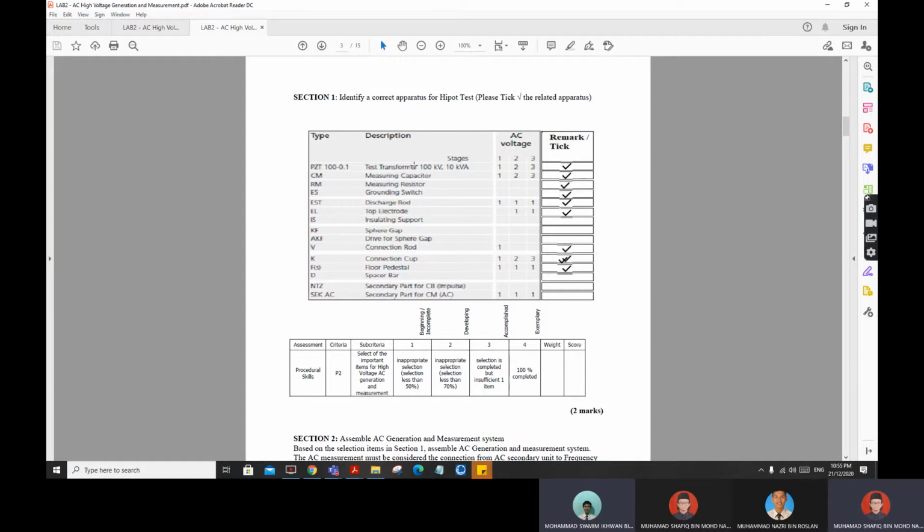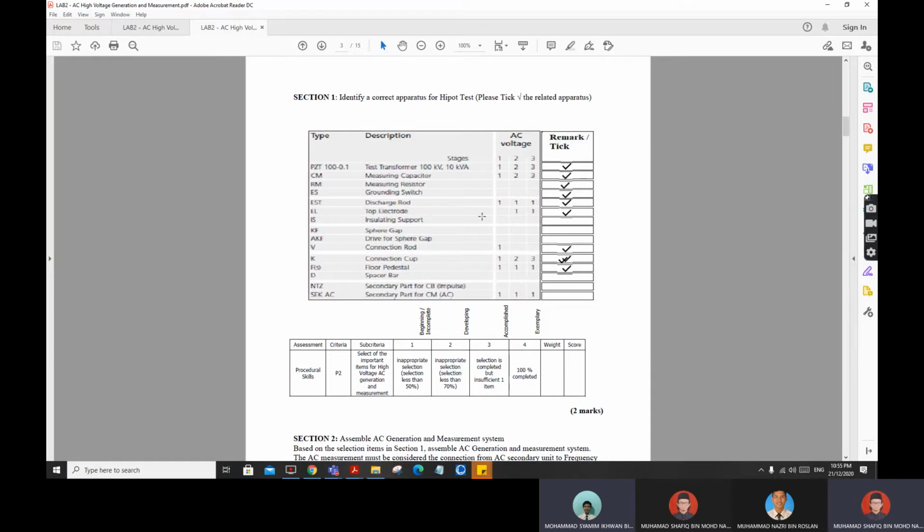In this AC generation and measurement test, we use a 100 kV, 10 kVA test transformer. The second component is the measuring capacitor. The next components are the measuring resistor and grounding switch.